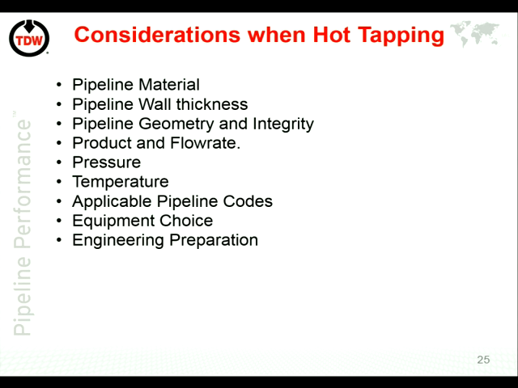Obviously, the pipeline geometry and integrity, it has to have a certain roundness, because the fitting will have to go around it and it will have to fit onto the pipeline. And obviously the integrity of the pipeline, you have to know that it isn't such a severely corroded pipeline that you may actually cause problems if you start welding onto it. You need to know what the product is and the flow rate.